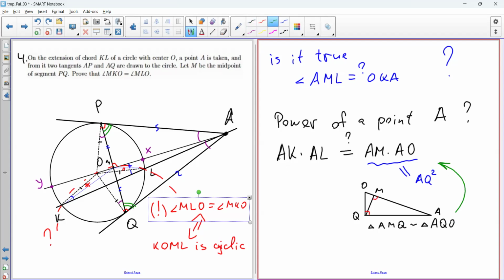And this AK times AL would be just the classically defined power of point A with respect to this circle. So in particular, that would be equal to AQ squared just because of that. And here we have this equality. So we definitely have this equality, it's just the same.